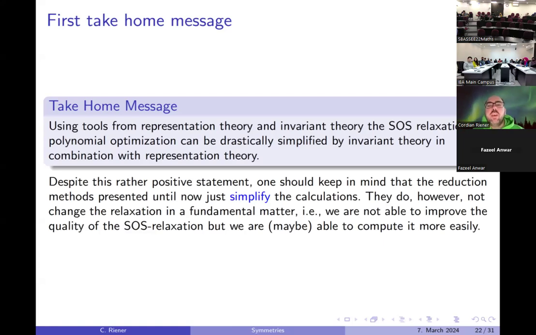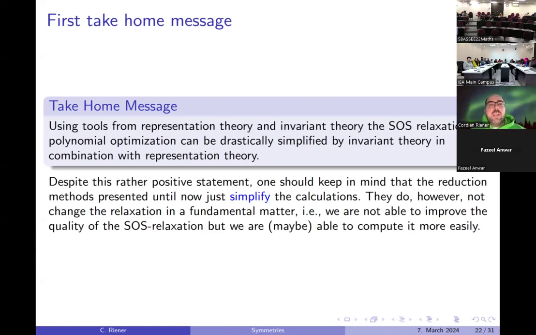However, they did not fundamentally change anything in this problem, in the sense that one person correctly asked: if my polynomial is not a sum of squares, it will not be a sum of squares magically after any of this magic that I did here. Either it is a sum of squares or it's not. I just reduced the complexity of checking if a polynomial is a sum of squares.